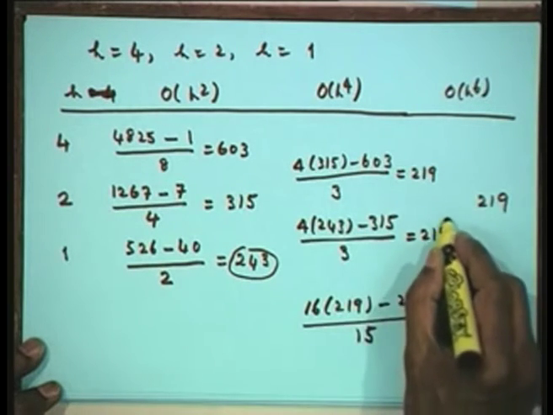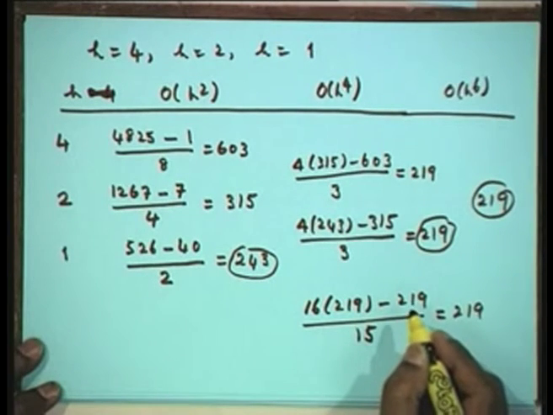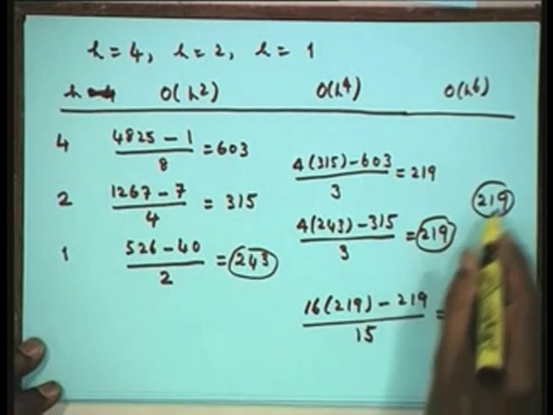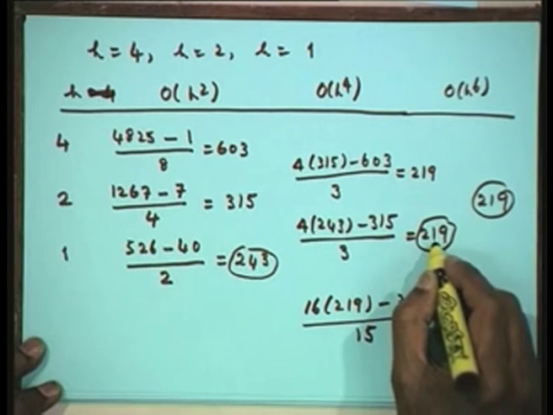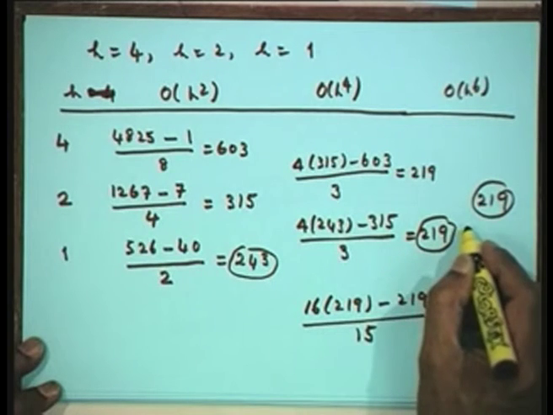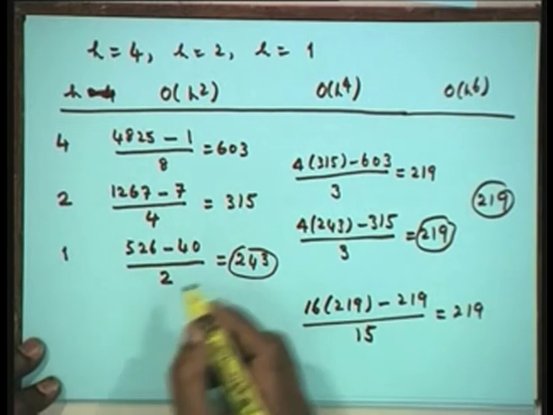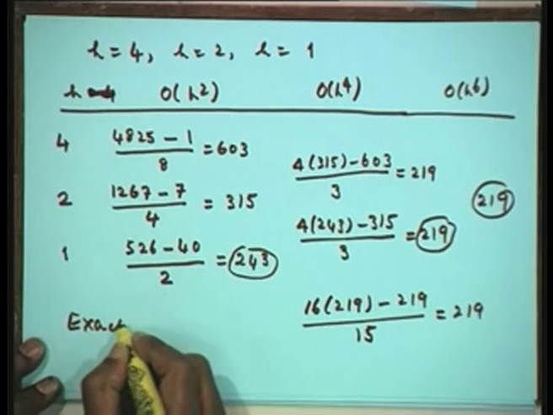Now, in this column this is the best value, in this column this is the best value. Two successive approximations have become identical, that means this is your exact solution, because 219, 219, two successive approximations identical, the difference between them is 0, therefore, error is here 0. Therefore, what we have got here is the exact solution.